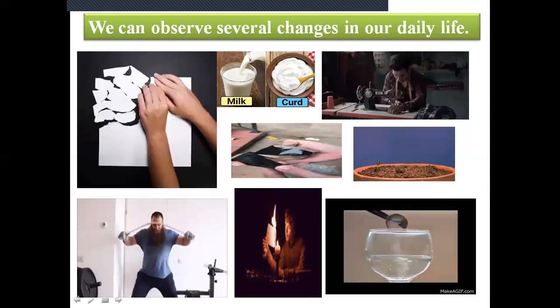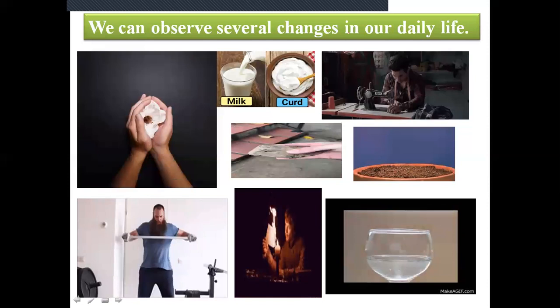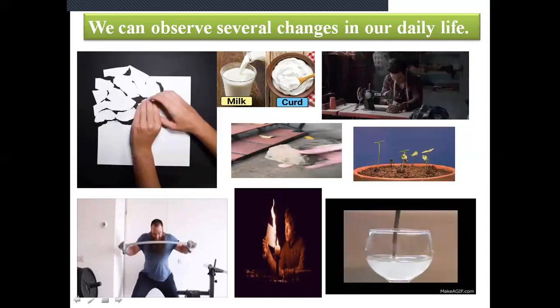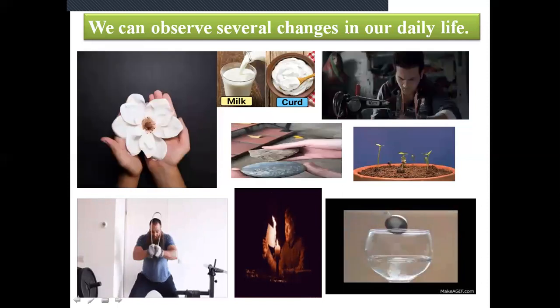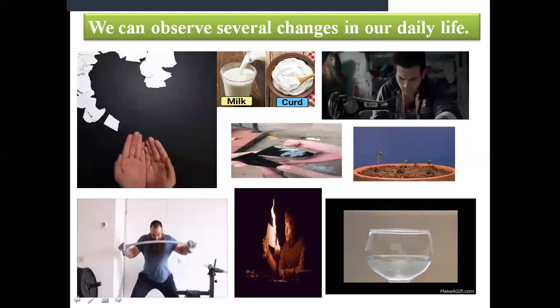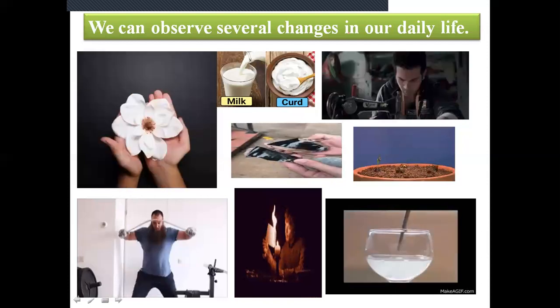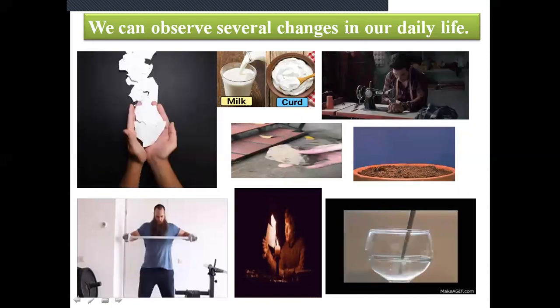In another picture you can see a person is bending an iron rod and it changes shape. Initially it was straight. Now it becomes bent or curve-like. So here also change takes place. In the next picture you can see a person is burning a paper. While burning, the paper also changes its form.